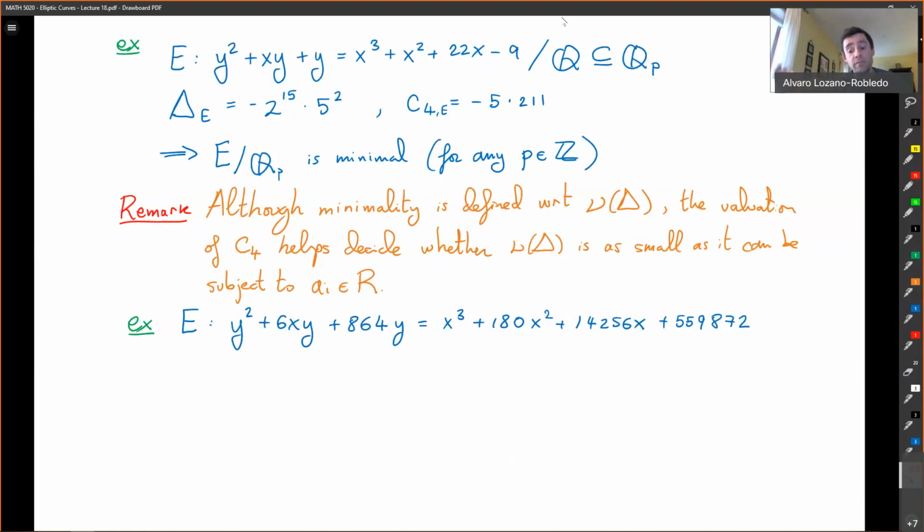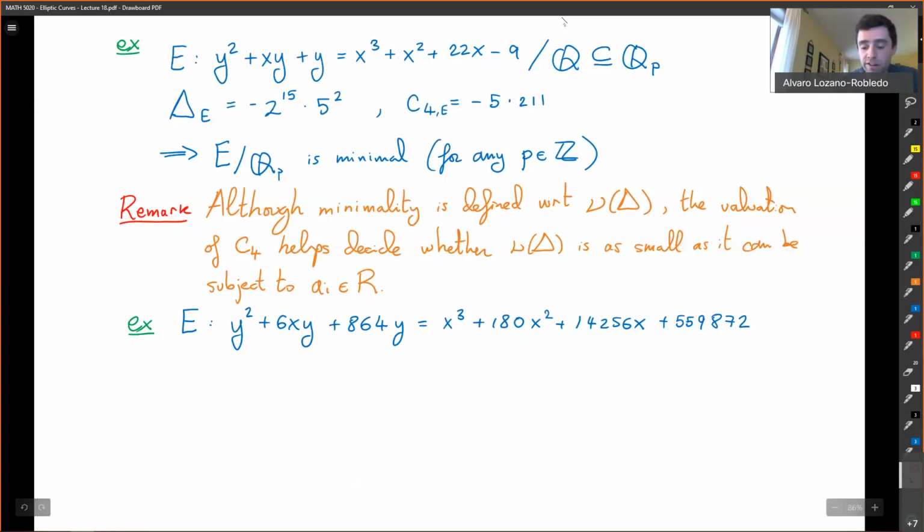However, the valuation of c4 is helpful as an aid to check whether it is possible to reduce the valuation of delta anymore. So the conclusion was that 2 is also minimal, even though there is a large power of 2 in the discriminant in this case.